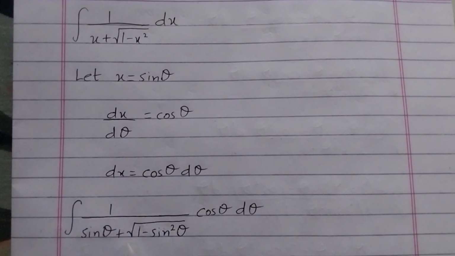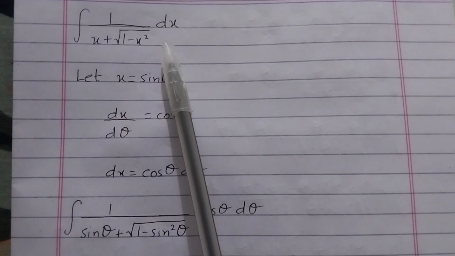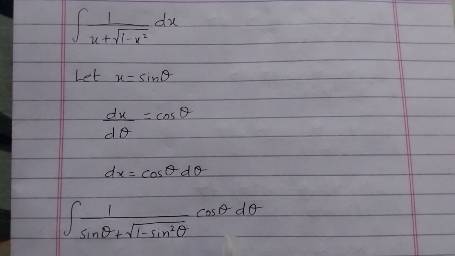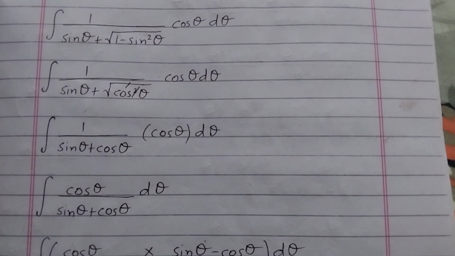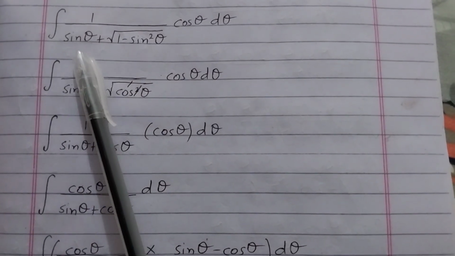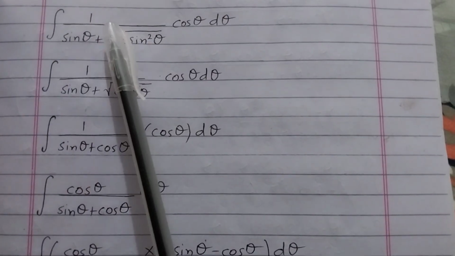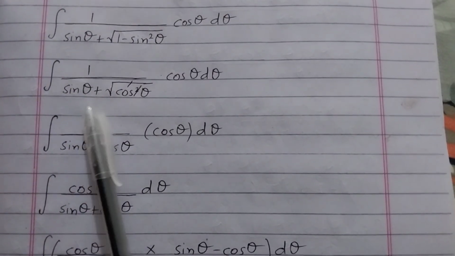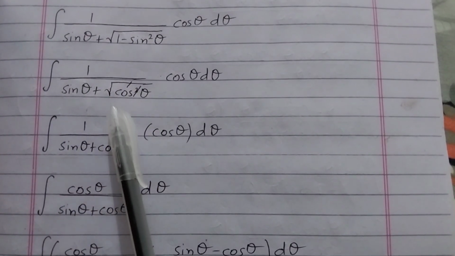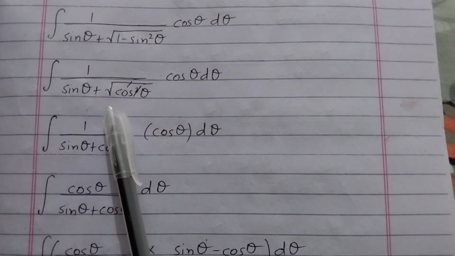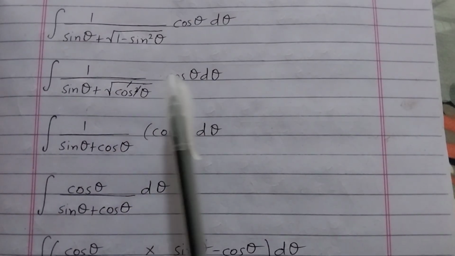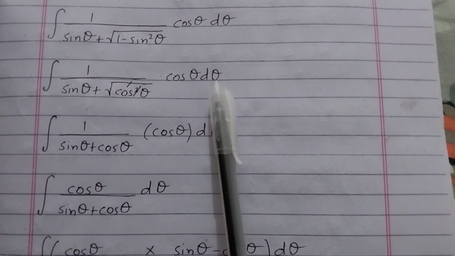So 1 minus sine square theta, and dx has the value cos theta d theta. So this becomes the integral of 1 over sine theta plus 1 minus sine square theta, which is equal to cos square theta, from the identity sine square theta plus cos square theta equal to 1. The square root cancels out, and cos theta d theta is written as it is.